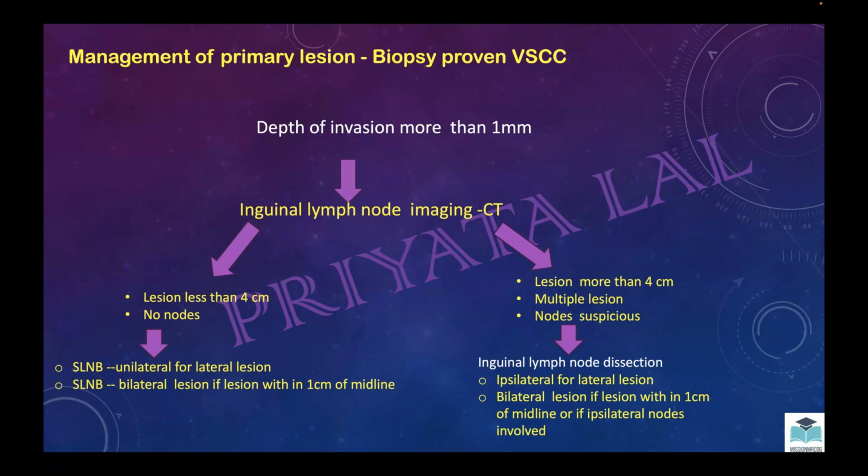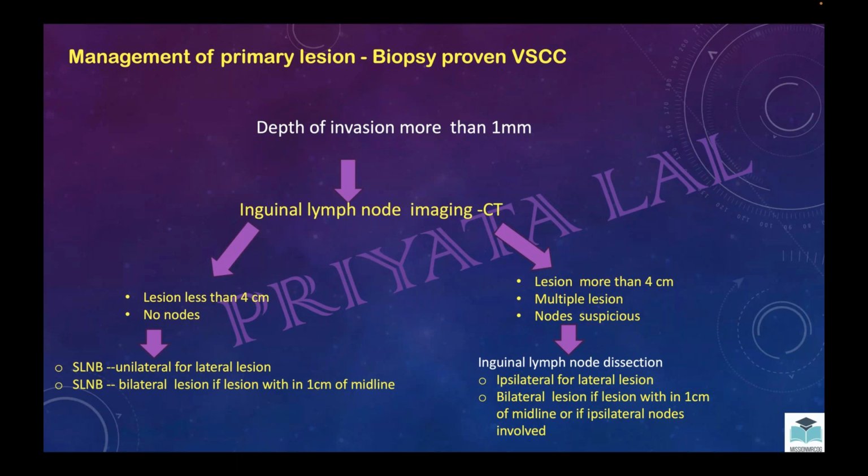Now let me explain what the midline or central tumors are and what the lateral tumors are. A tumor that lies within 1 centimeter of the midline is called a central tumor, and that would usually involve the clitoris, urethra, and anus. That is the central part of the vulva within 1 centimeter.